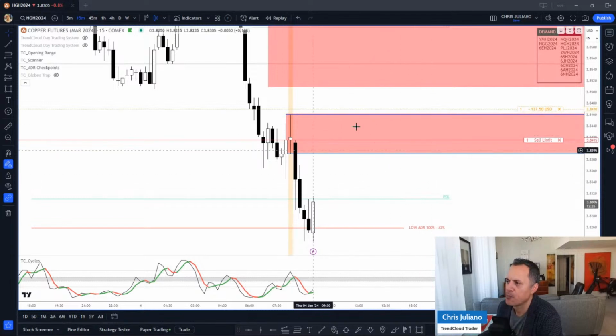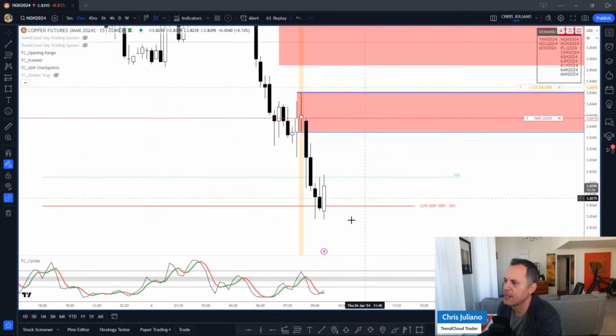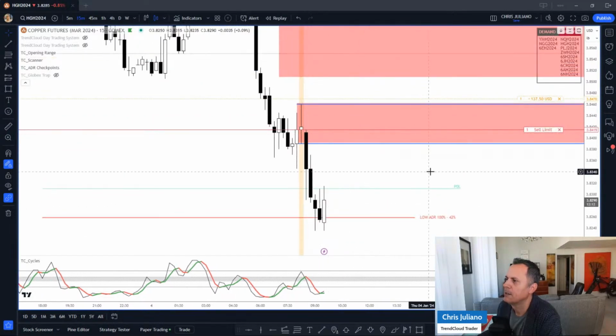I represented that with blue lines for the 15-minute, purple lines for the 5-minute. Okay, we're getting a pullback here now. Hit that, pulling back. I reduced my risk here by taking the bottom part of that candle.